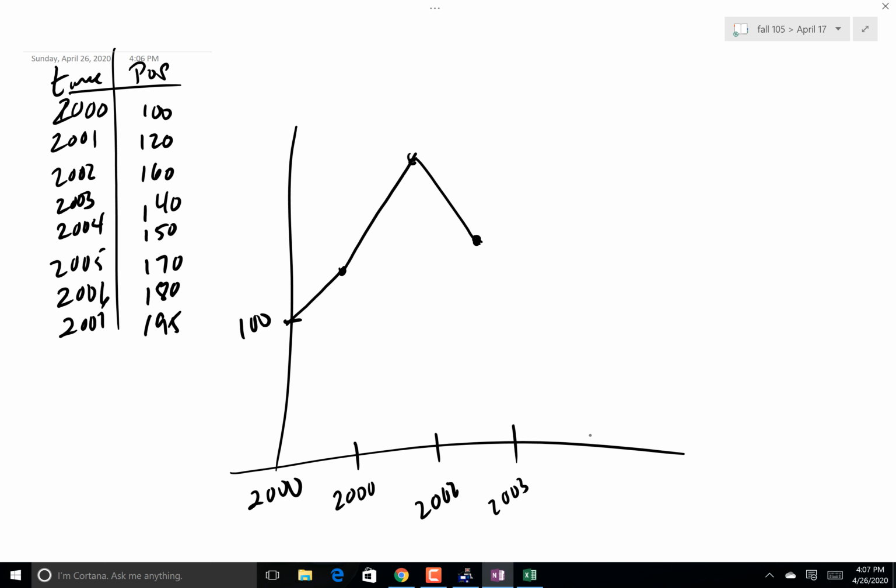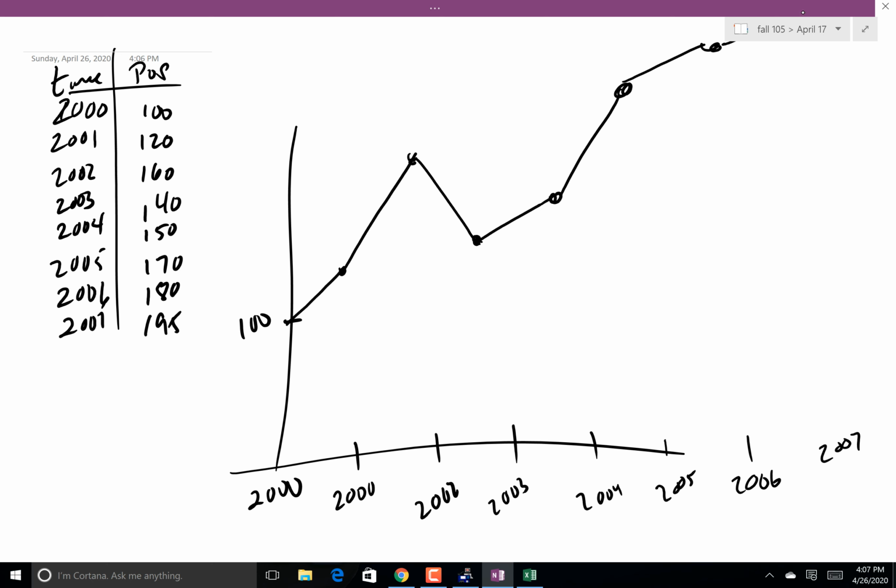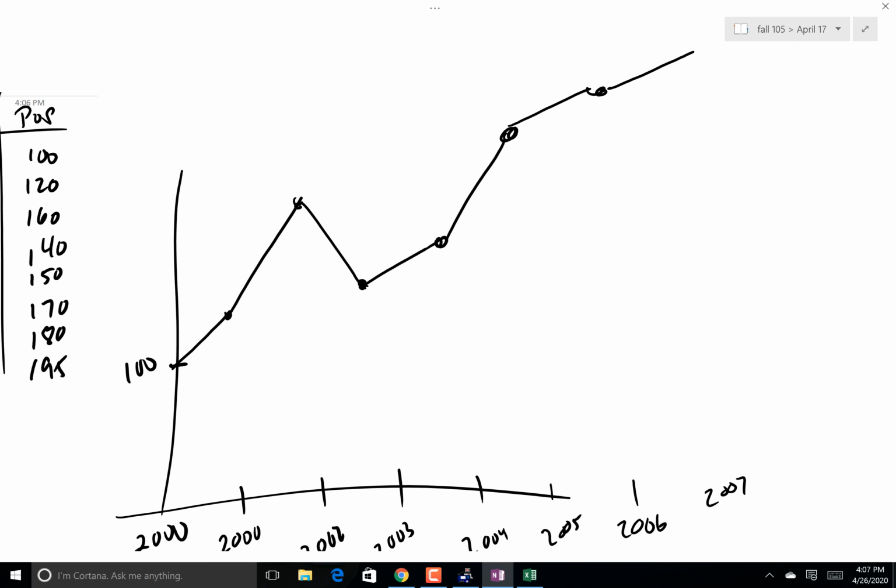So we draw another line. 2004, we just barely tick up to 150. In 2005 rather, we're at 170. 2006, 180, and then 2007, 195. And so it's a pretty straightforward little graph, easy to do.